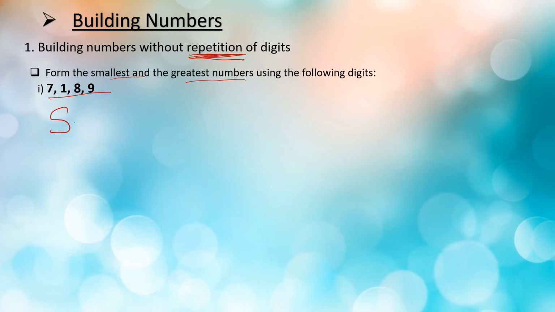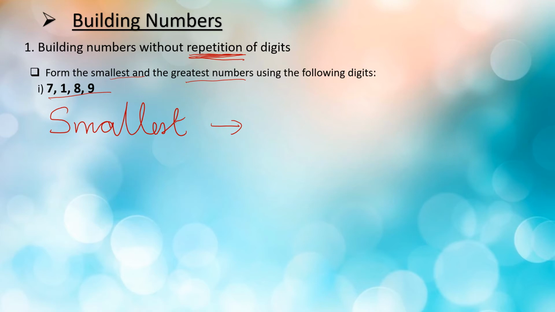In order to write the smallest 4-digit number, what are you supposed to do? As we learned in the previous session about ascending and descending order, to find the smallest 4-digit number, you will have to arrange the given digits in ascending order.